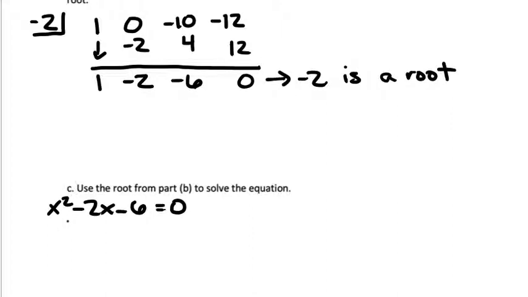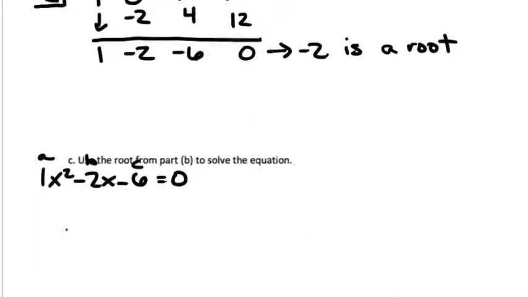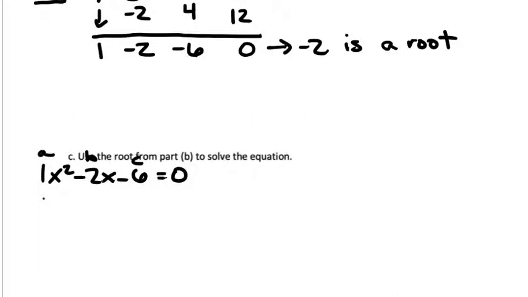So I need to use completing the square or the quadratic formula. Since I did the other one with completing the square, I'll use the quadratic formula here. It doesn't matter. Completing the square would work too because I have an even number in front of x and I have no number in front of x squared. But I'll use the quadratic formula. Again, just pick the method that works for you.